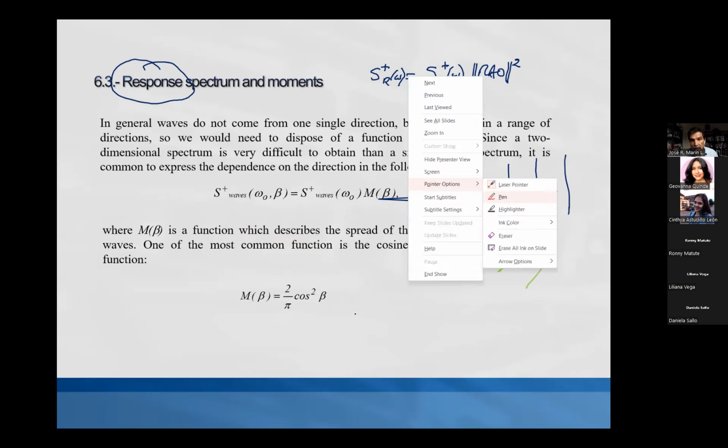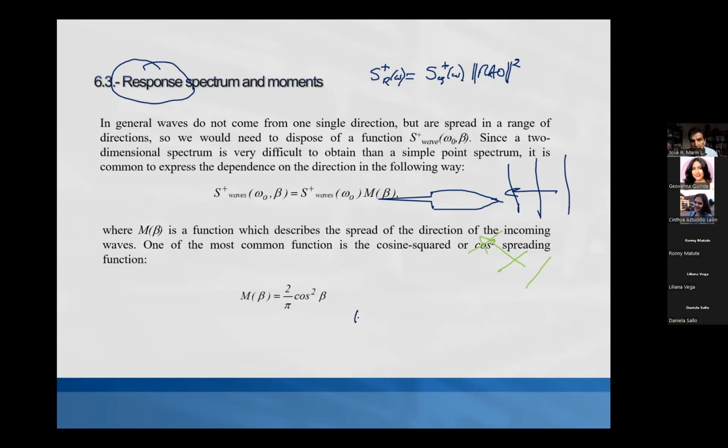We are considering that this is the ship. And let's suppose that we receive waves mainly from this direction. But we also receive waves in this direction, and this angle is beta.